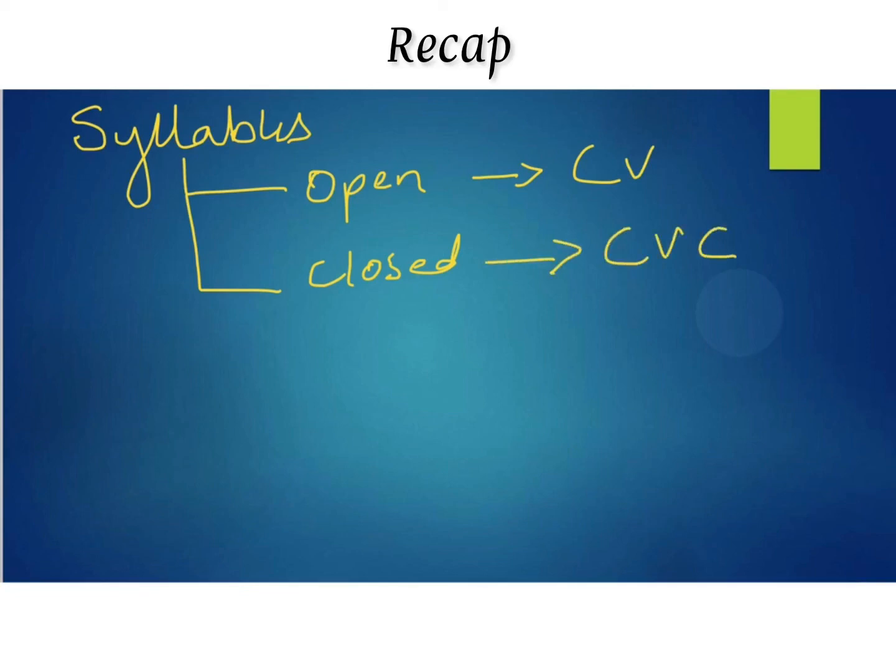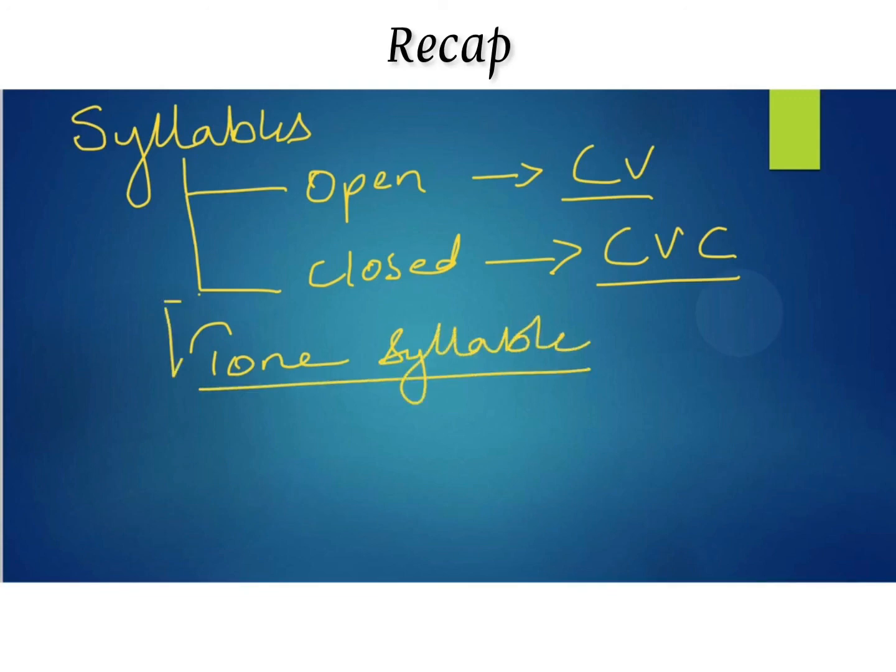So it is a consonant, vowel, consonant, and the open syllable is a consonant, vowel. Remember, in Hebrew, by default, the last syllable is said to be the tone syllable or the accented syllable. Alright, so the stress is always on the last syllable in Hebrew words. If it is shifted to any other syllable, it will be indicated to us.